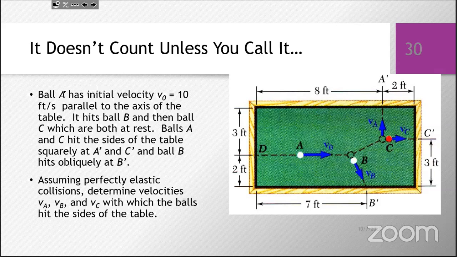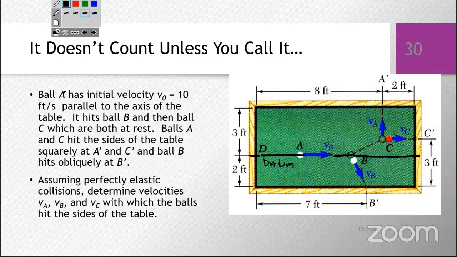So we're going to start off with the collision between ball A and ball B. And I'm going to refer back to this diagram quite a bit, but I want you guys to see something right here on this one. I'm going to consider this solid line that I'm drawing my datum.